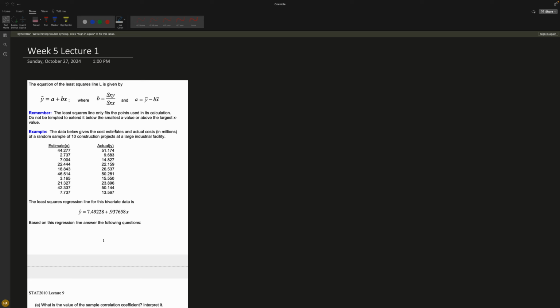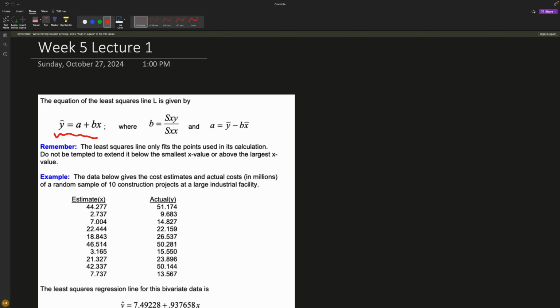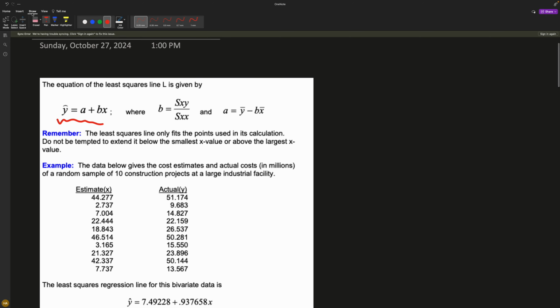This part we learned last lecture. I just wanted to point out one thing. So the equation of the least squares line L is given. So remember this one right here. Let me zoom in. Okay, so this equation, you'll have some points, right?